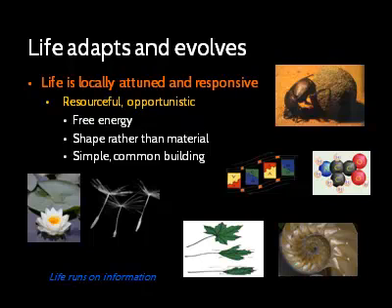Using shape rather than material to perform needed functions is cheaper and more resourceful. So again, we're getting back to those functions. One that you can see, many of us live in a place where there's maple leaves, and other leaves do this too. When there's a really strong wind, you'd think that the leaves would get shredded and then pulled right off the tree, and some of course do.